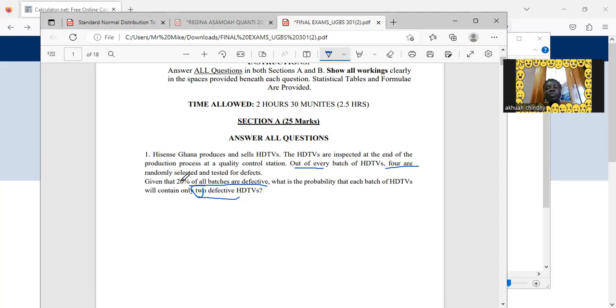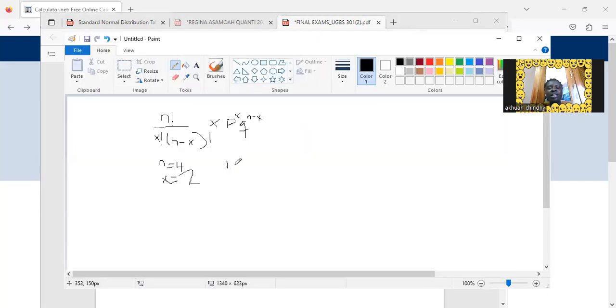So here our p will be 20%, which is the same as 0.2. So here our p is equal to 0.2.